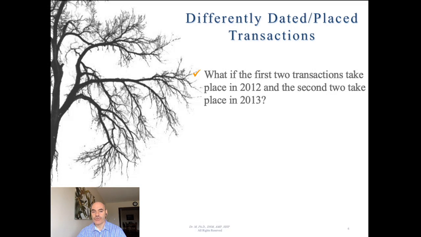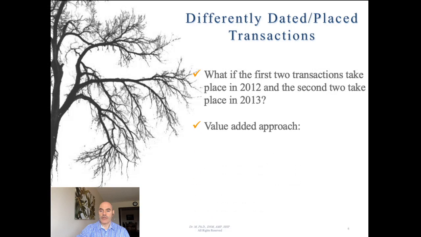If we were interested to calculate GDP during those 2 years after the United States recovered from the financial crisis, how do we go about it? So the first 2 transactions are taking place in 2012 and the other 2 in 2013.